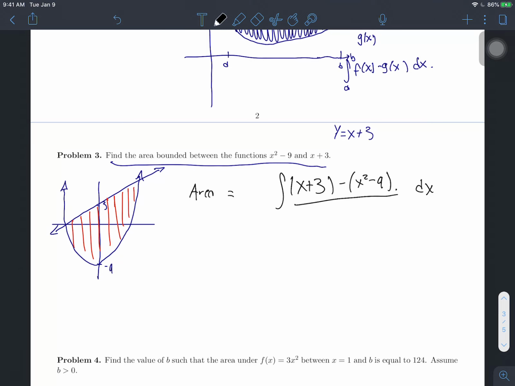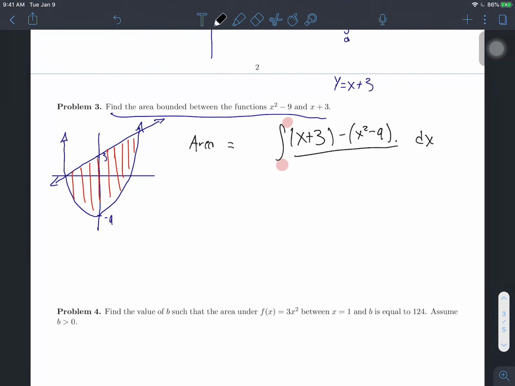And now let's concern ourselves with the bounds. What should the bounds be? That's the question. How should I find the bounds? Kevin? Set the two equal to each other. Yeah, set the two equations equal to each other. Is that what you were going to say? Okay, same thing. Great. So we get x plus 3, and we set that equal to x squared minus 9.